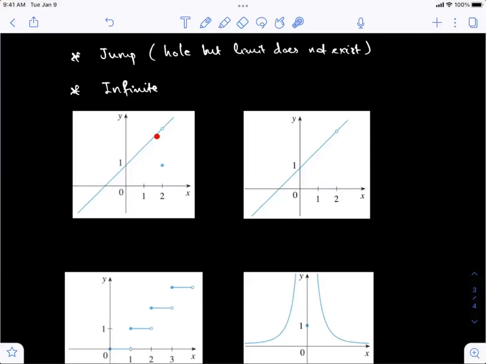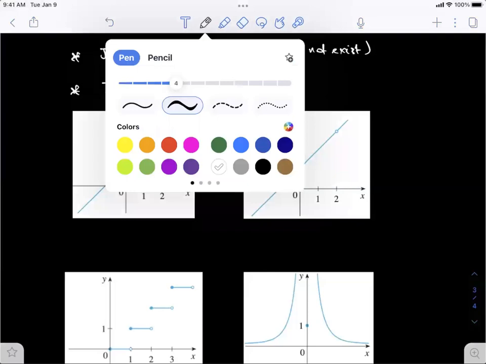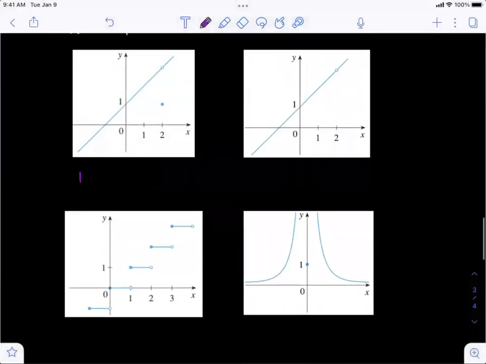The left-hand limit equals the right-hand limit, equal to the same value. Similarly, this one is also a removable discontinuity.